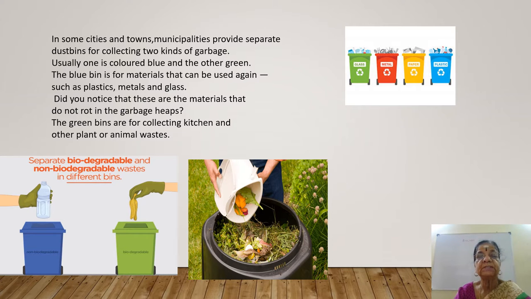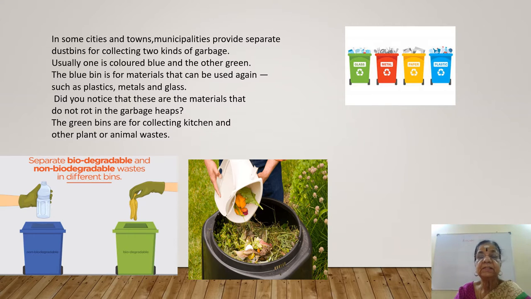Usually one is colored blue and the other green. The blue bin is for materials that can be used again, such as plastic, metals and glass. Did you notice these materials do not rot in the garbage heaps? Plastic and metal go in the blue bin; they do not decay, but they can be reused.